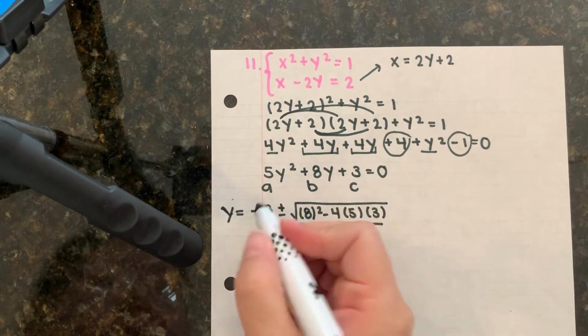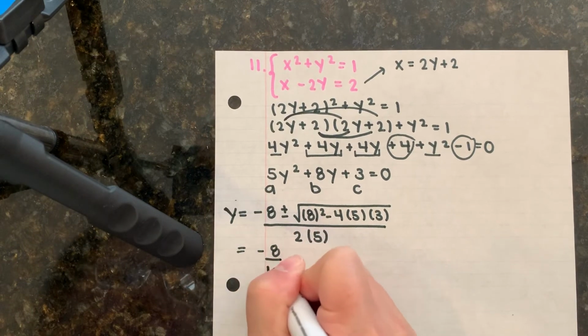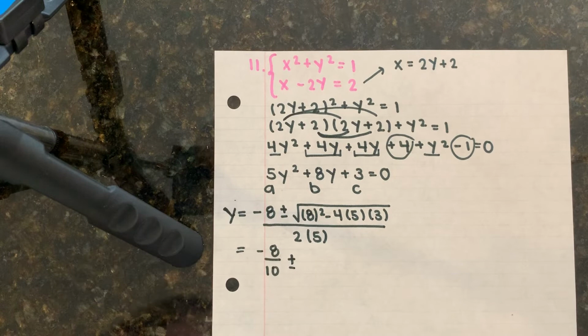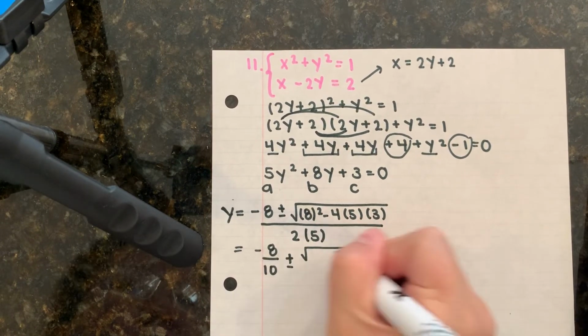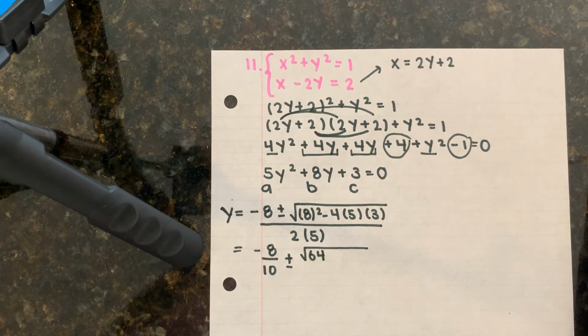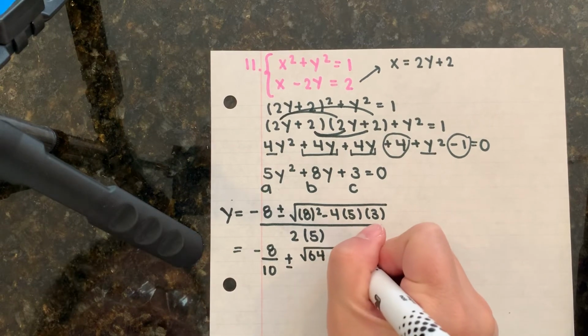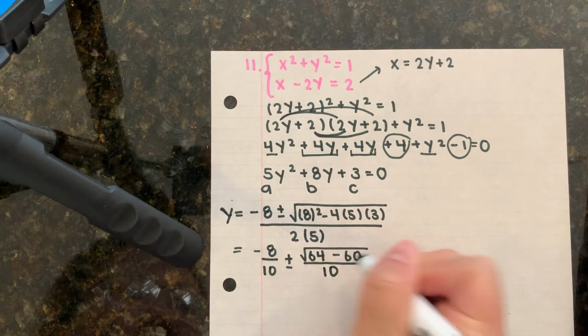Now, when I do this, I get negative 8 over 10 plus or minus the square root of 64 minus 4 times 5 times 3, which is 60, over 10.